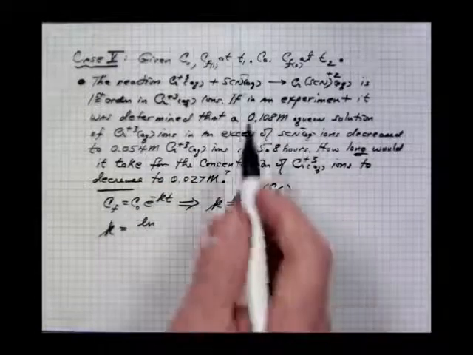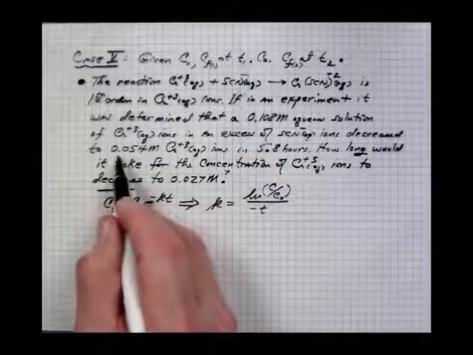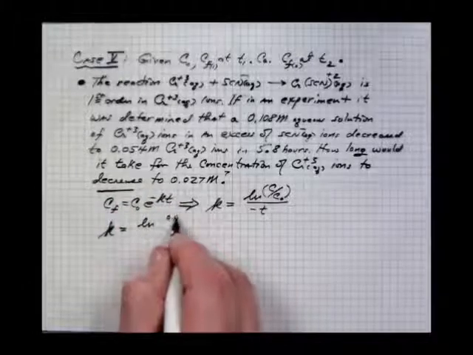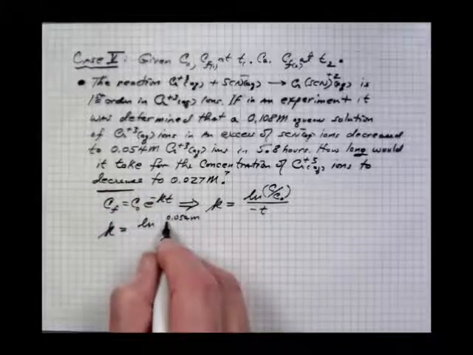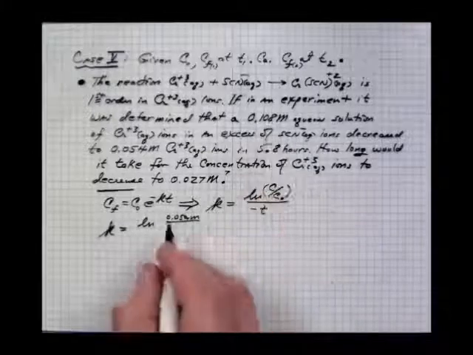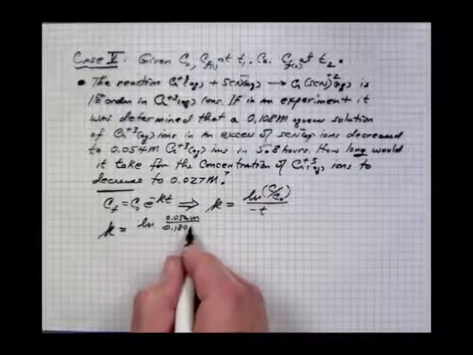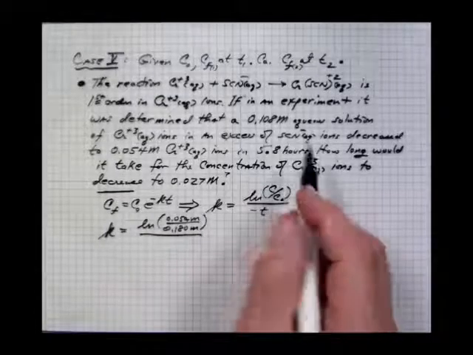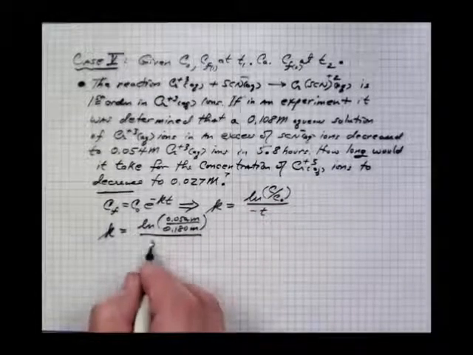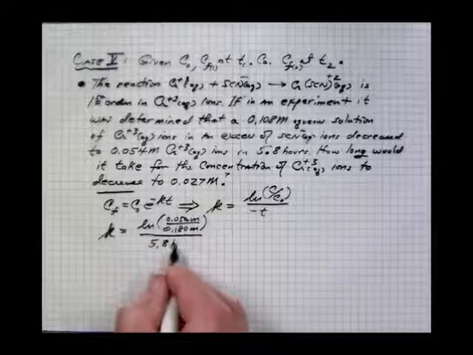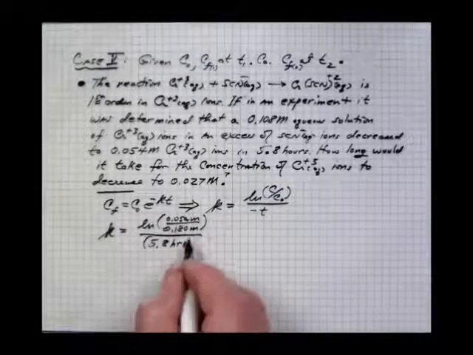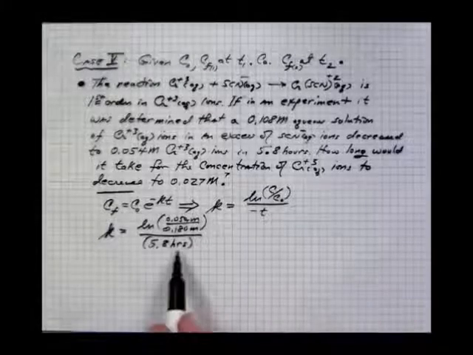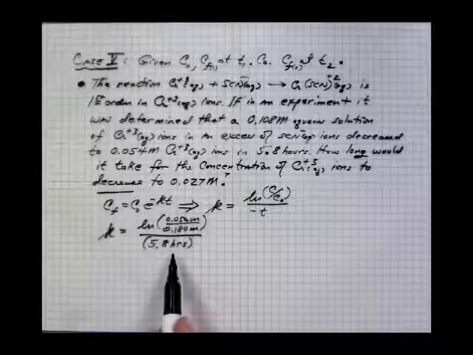So the K value is now ln of C final and C initial from the first experiment. The first experiment showed a final concentration of 0.054 molar, starting with 0.108 molar, and this decay took place in 5.8 hours. Now, the calculation can be completed in terms of hours.